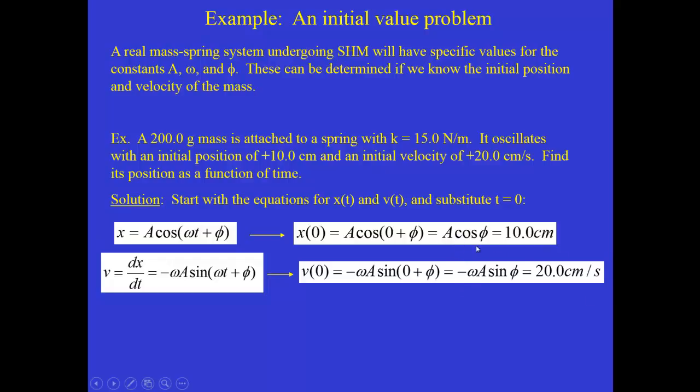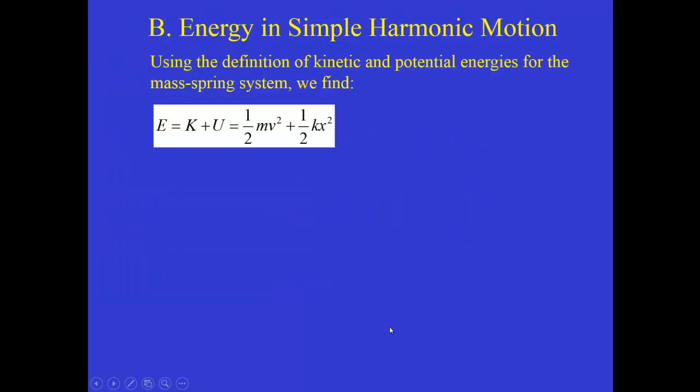With two equations and two unknowns, we can combine those two equations and solve for A and phi. I'm not going to do that here, but hopefully that illustrates the principle behind the solution to an initial value problem.